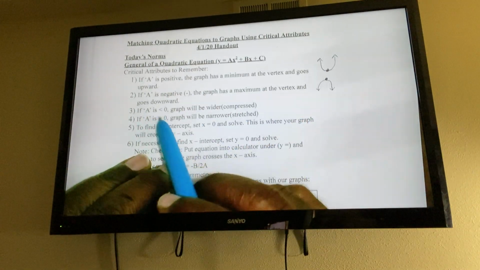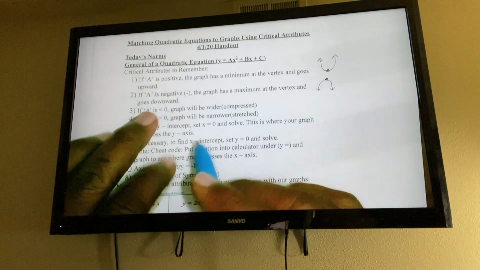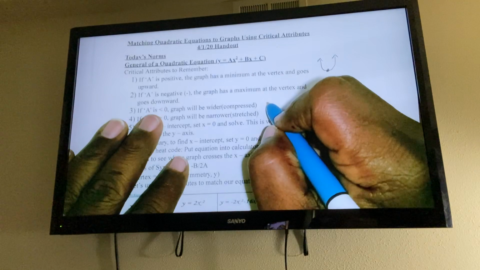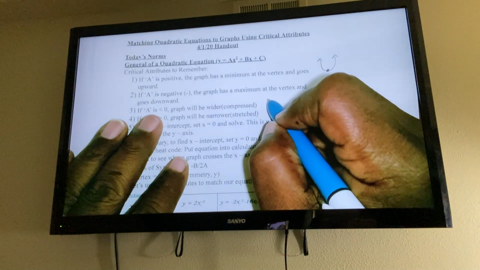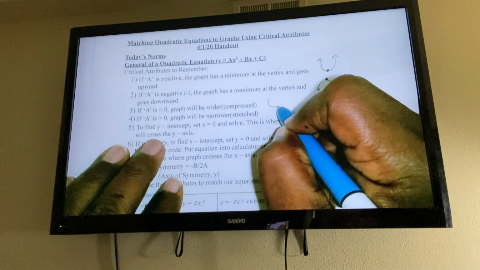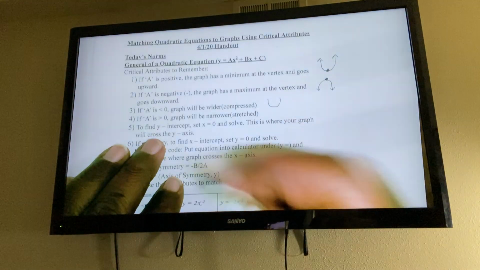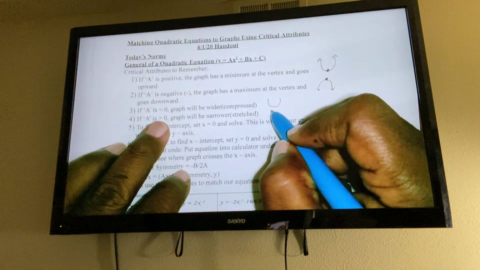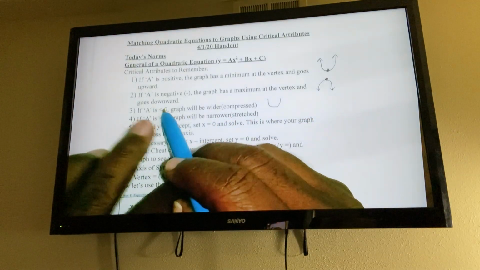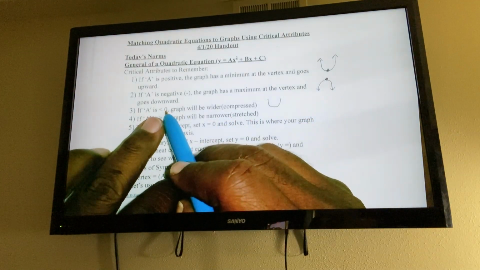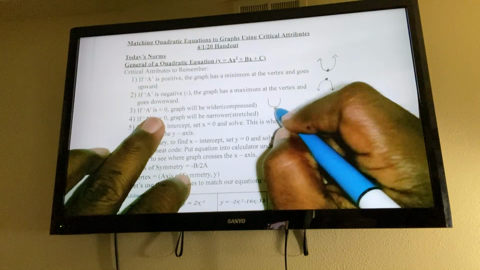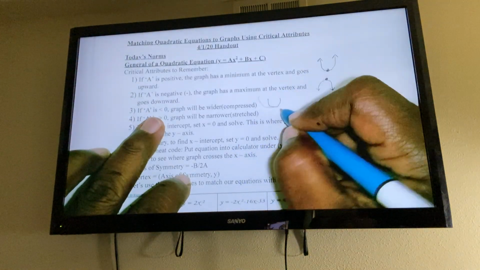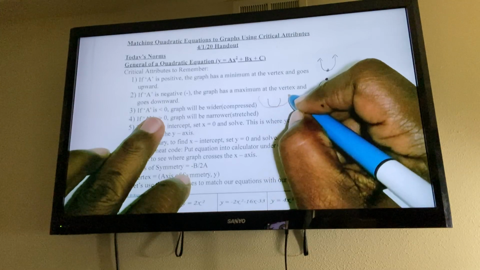Also, this is the graph of x squared. If a is less than 0, then our new graph will be wider.